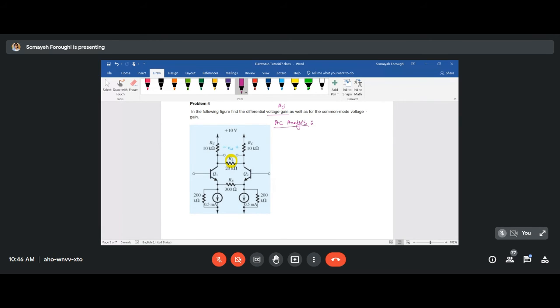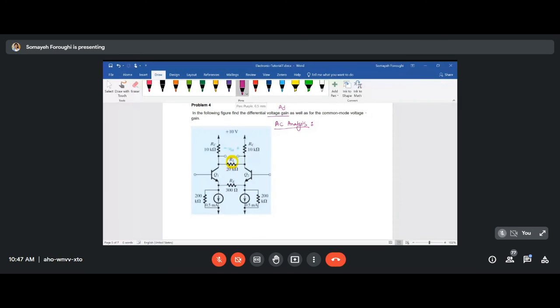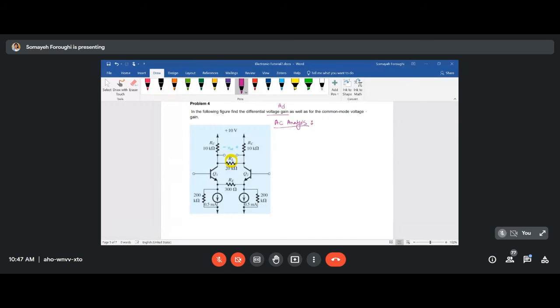Listen, there is a difference in terms of doing AC analysis, because of that RL, which you can observe over there. So in our AC analysis, you will have something like this. This is 10K.